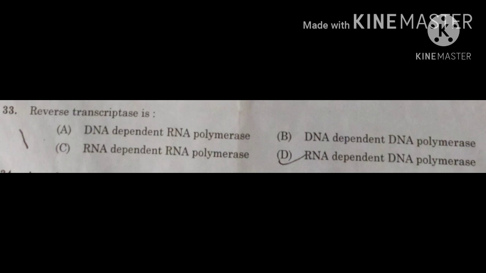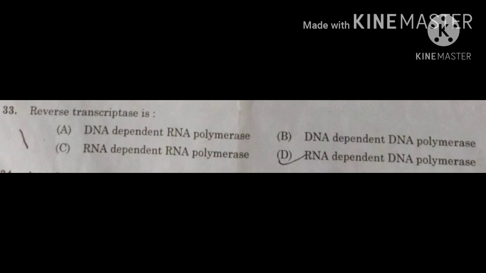You know that RNA is synthesized from DNA by the enzyme RNA polymerase. Hence, RNA is synthesized in accordance with the sequences found on the DNA. So RNA polymerase synthesizes RNA by looking at the sequences found in DNA. Hence, that RNA polymerase is known as DNA dependent RNA polymerase.